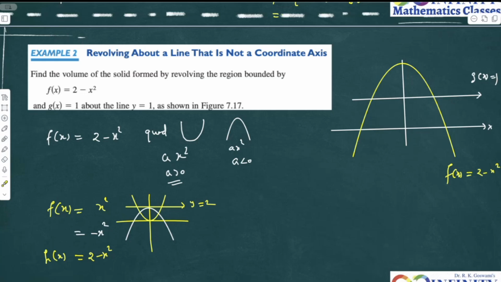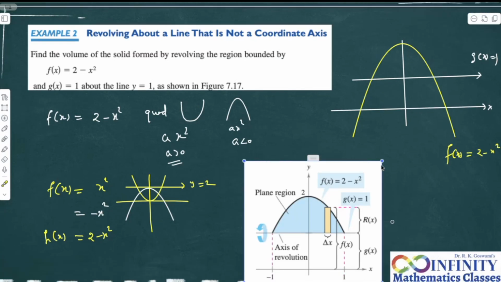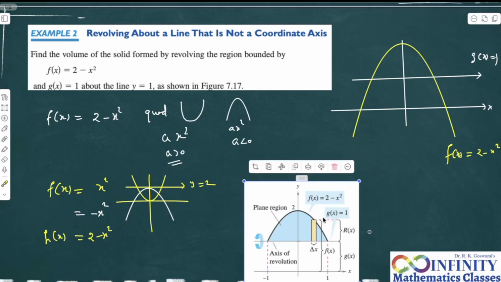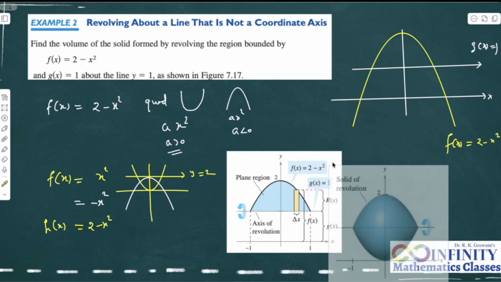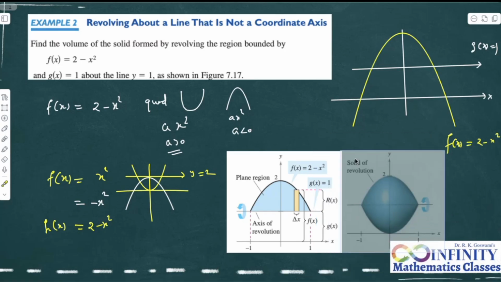So let me paste the figures for a better understanding. This is the first figure given to you in the book. And after revolving about the line y equals 1, try to focus. This is the shape we are expecting.